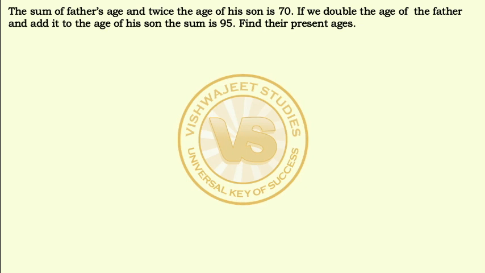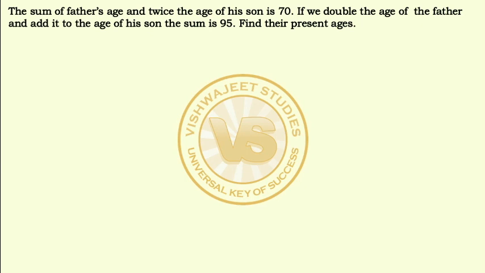In this example, some words show mathematical operations: sum shows addition, twice means multiplied by 2, the word is gives the equal to sign, double means multiplied by 2, add means positive sign or addition sign, sum means addition sign.